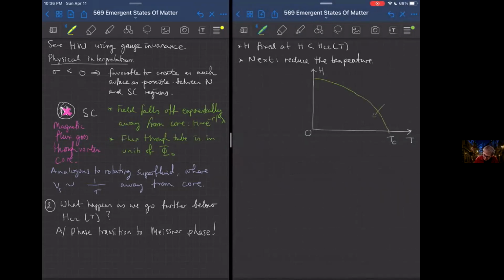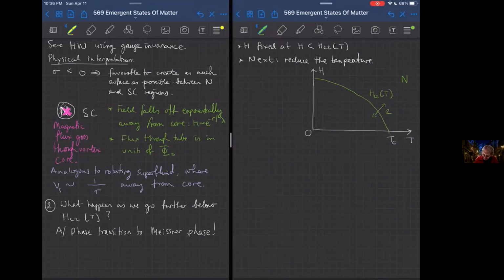So this is a second order transition. This is HC2 of T, like so. This is the normal state. Everything under here is superconducting, of course.